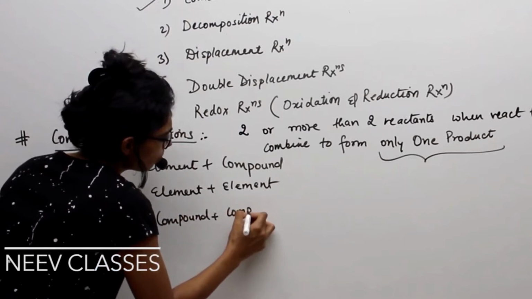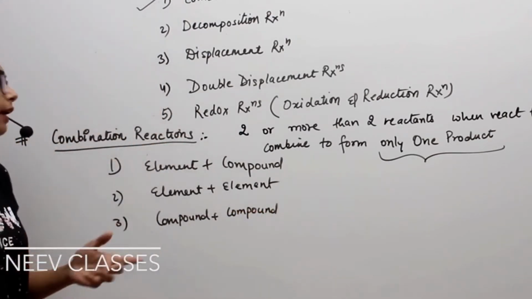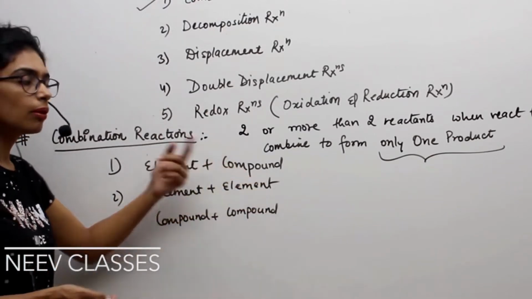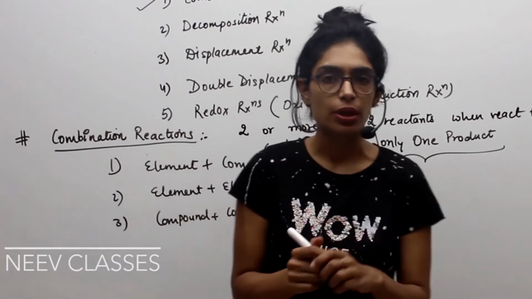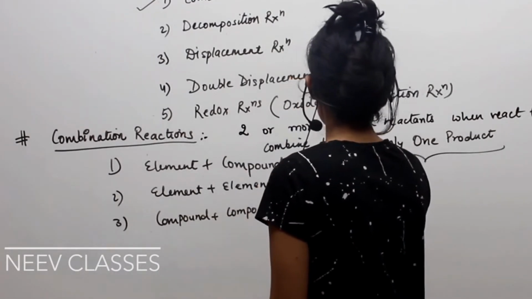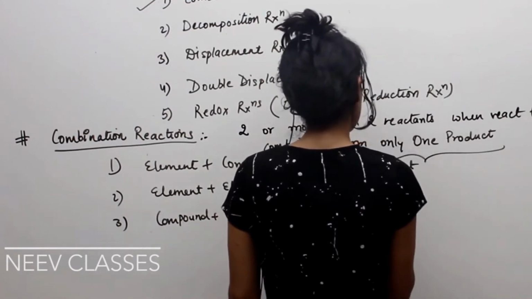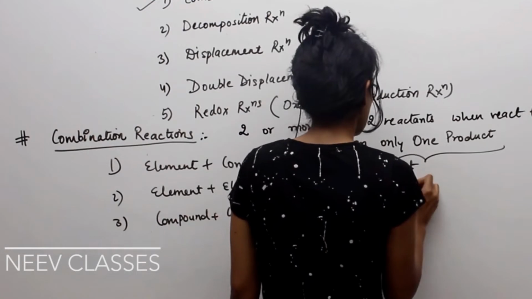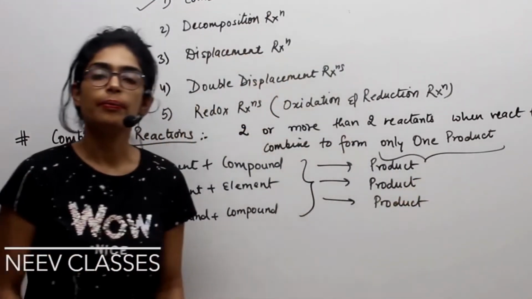So it can be any combination basically. If let's say 2 reactants I have, then one can be an element and another a compound, both can be elements, both can be compounds. So basically it can be in any random combination. And when they combine, they'll give you the respective product. And that product is going to be one single product, not multiple products. So this kind of reaction is called a combination reaction.